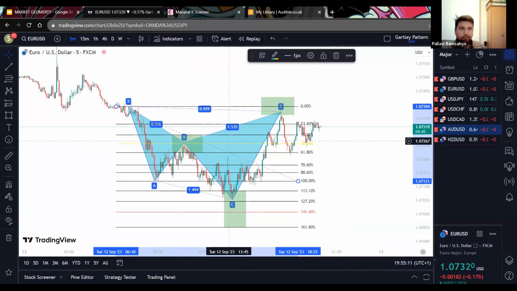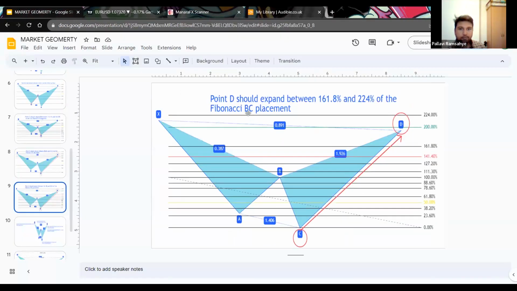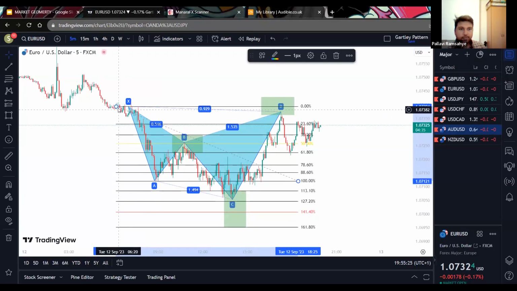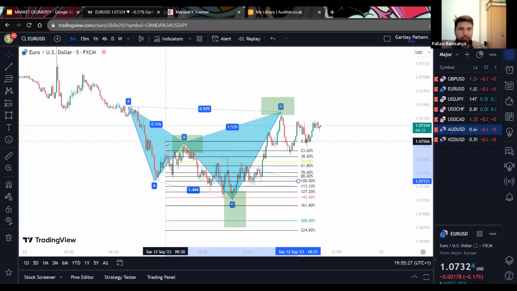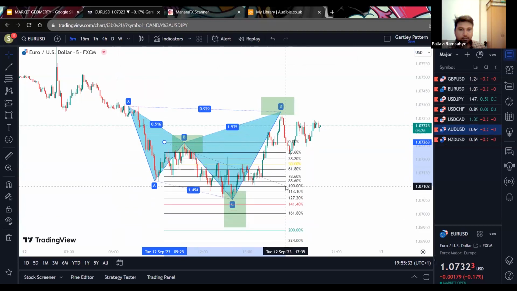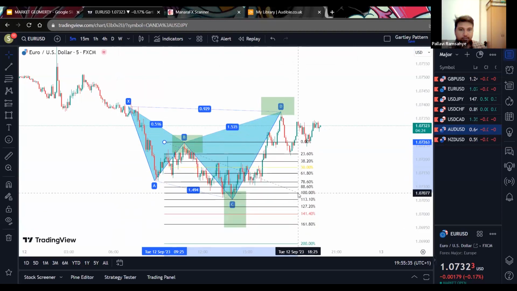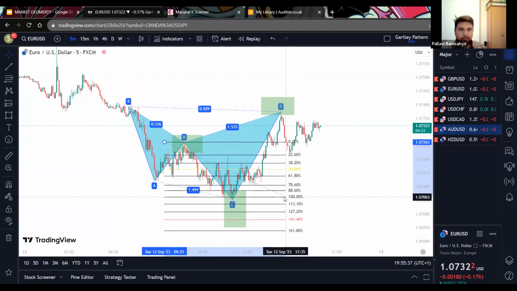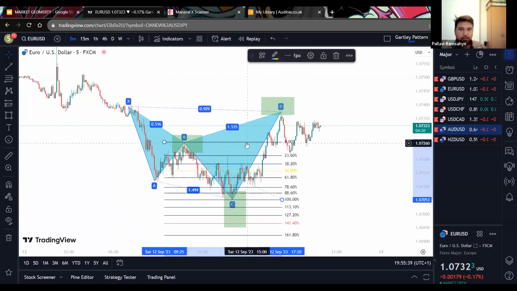So it's from B to C. From B to C, we're looking for the expansion, B to C, okay? So we're going to take the expansion B to C, and we're going to flip that around.